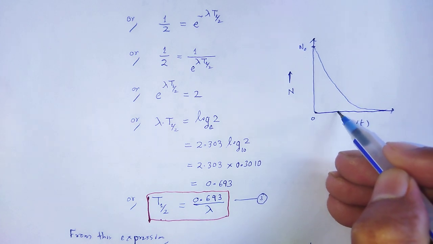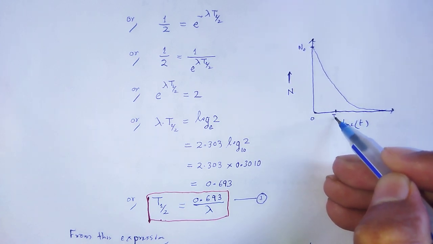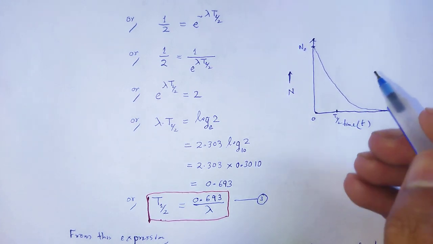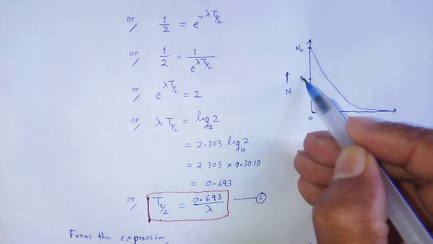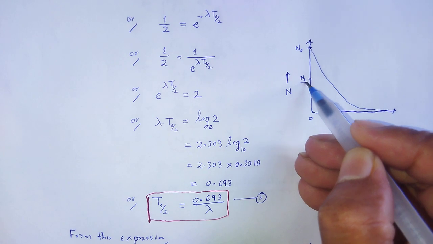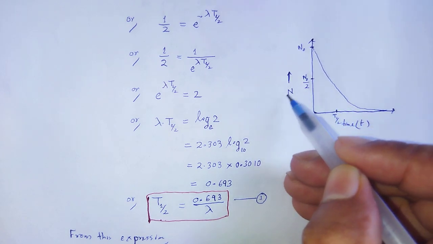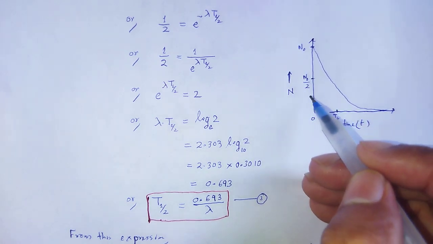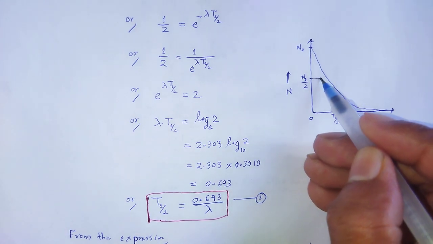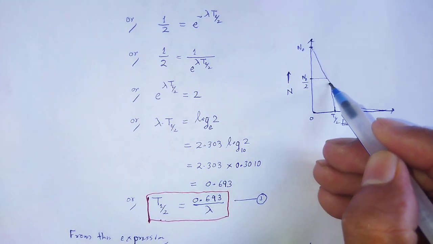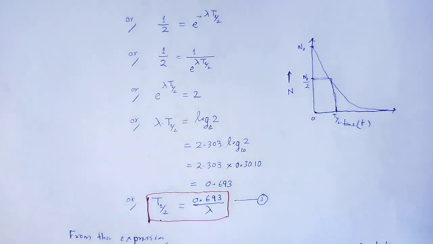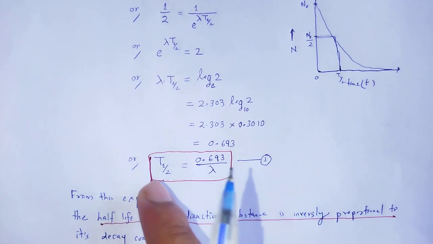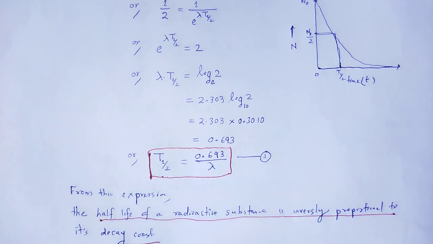So, at time t half, it reduces to half of its initial value, that is N naught by 2. This is the mathematical expression for half life.